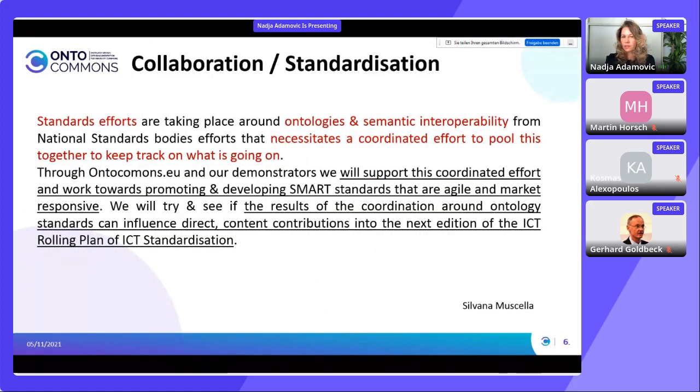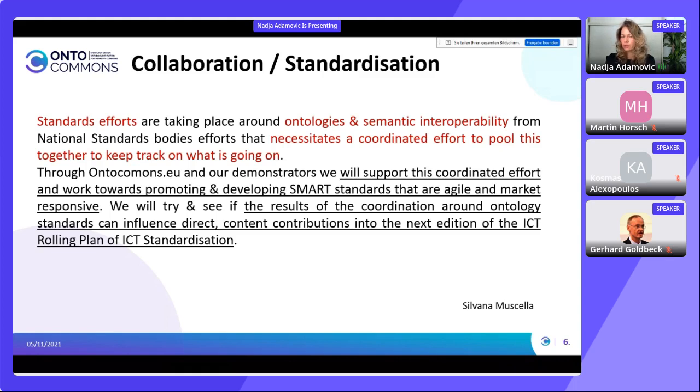Regarding standards, efforts are taking place around ontologies and semantic interoperability from national standards bodies, efforts that necessitate a coordinated approach to pull this together and keep track of what is going on.